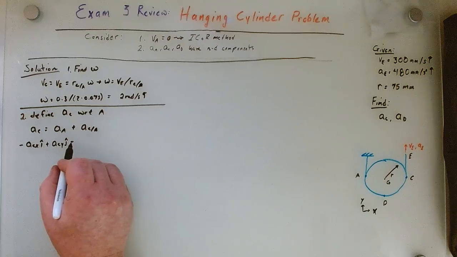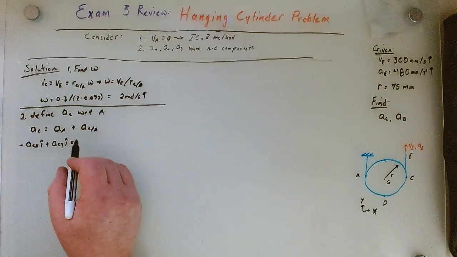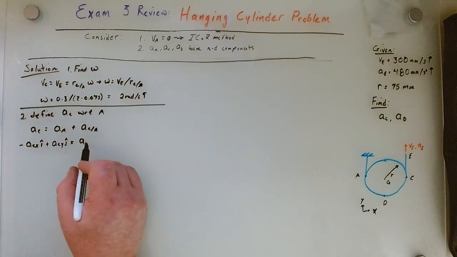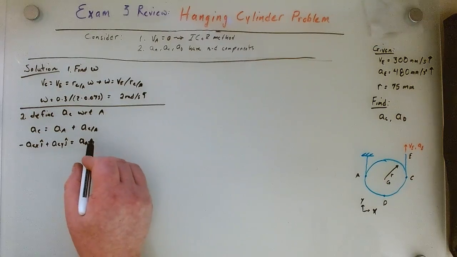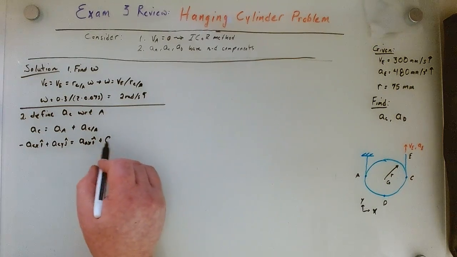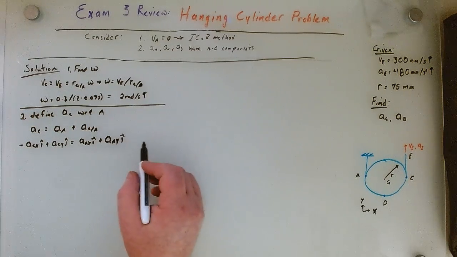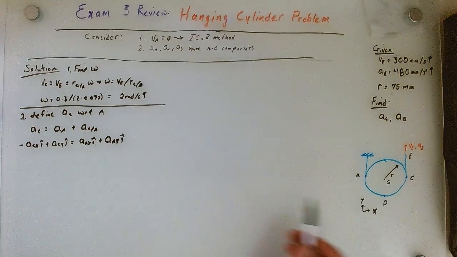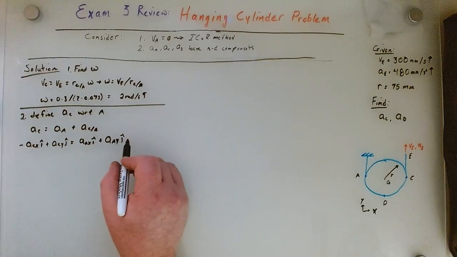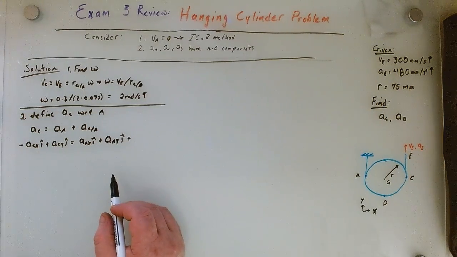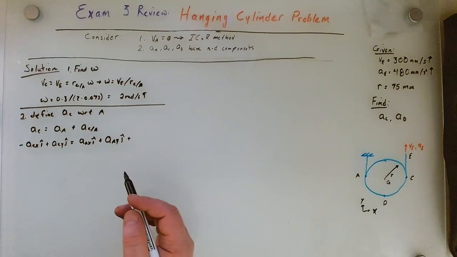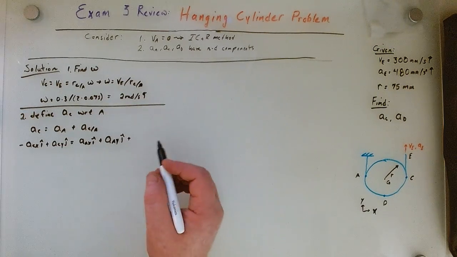Okay, this is going to be equal to a_Ax i plus a_Ay j, which, since it's not moving, is going to be 0. We'll get to that in a second. Then plus normal or tangential, doesn't matter. Let's do normal.